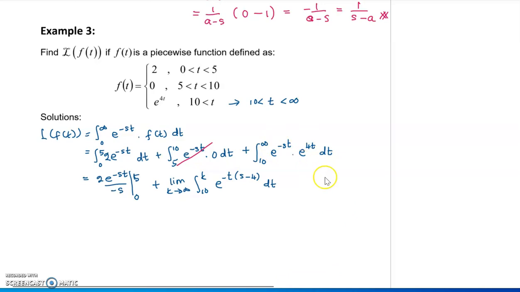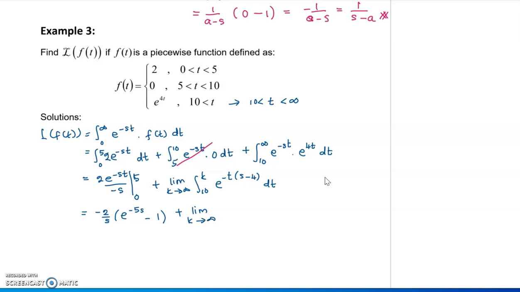All right, so by that, evaluate the first integral. You can put aside negative 2 over s. In the bracket, when t equals 5, we have e^(-5s), minus, and then when t equals 0, we have e^(-0), which is 1. And for this one, the limit follows.